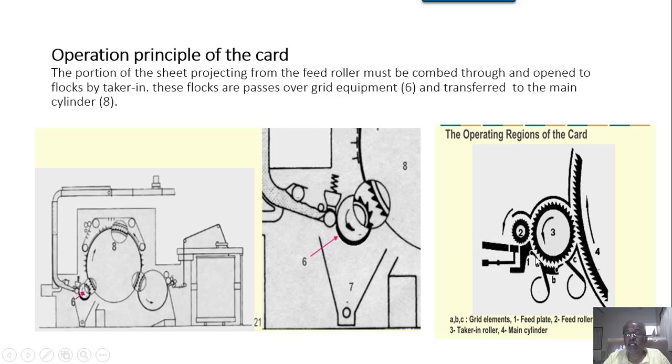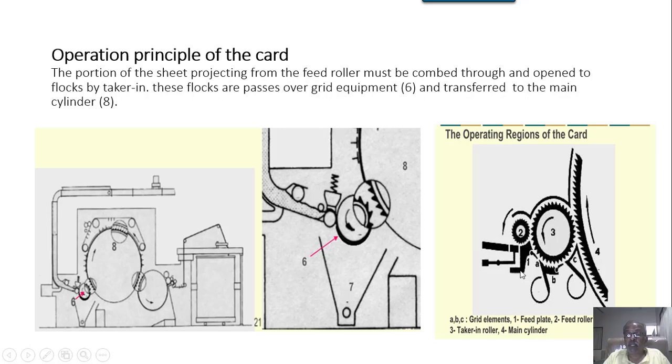In the earlier conventional days, only this much portion, say 15 to 20% of the Licker-in, was covered by the grid bars, the knives. Now here they have gone for one more grid element, which is assisted by a suction system. This is the suction system, the balloon type of thing one can see.